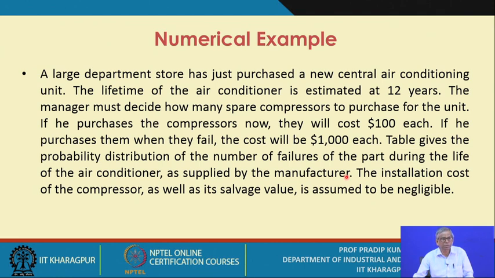That means the table relates to the probability distribution of the number of failures. So this table is given to you, and then we have other data. The installation cost of the compressor as well as its salvage value is assumed to be negligible. Okay, so these are the assumptions.